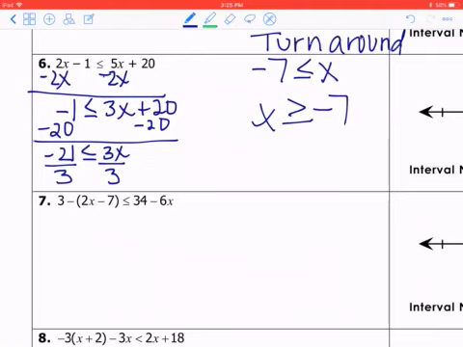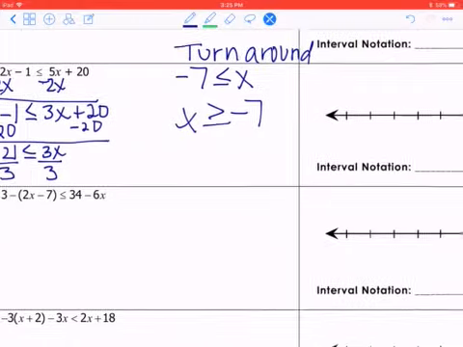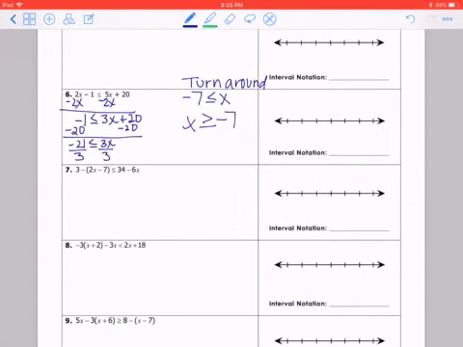So it needs to completely flip. Now we are ready to graph. So negative 7, negative 9, negative 5. We have a closed circle. It's pointing right, so I'm going right. Because it's closed and I started there, it's the smallest point, it's at negative 7, and it goes on forever to positive numbers.